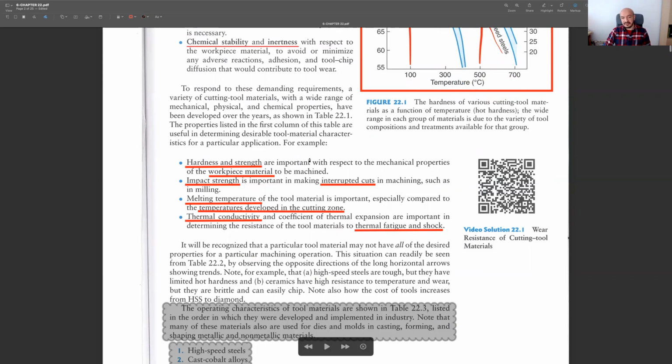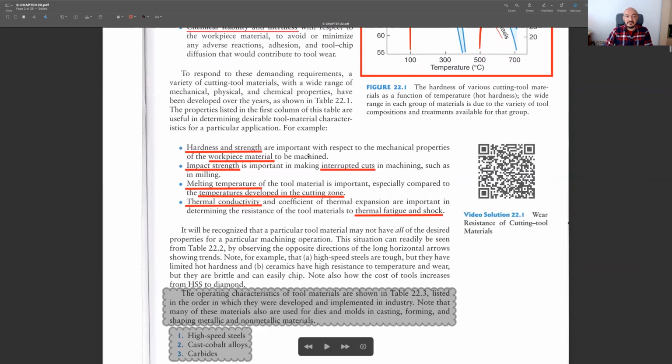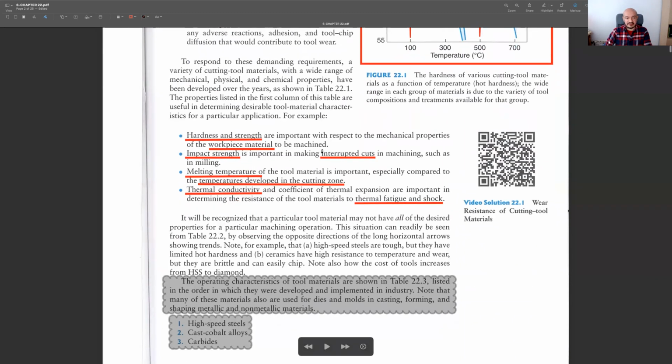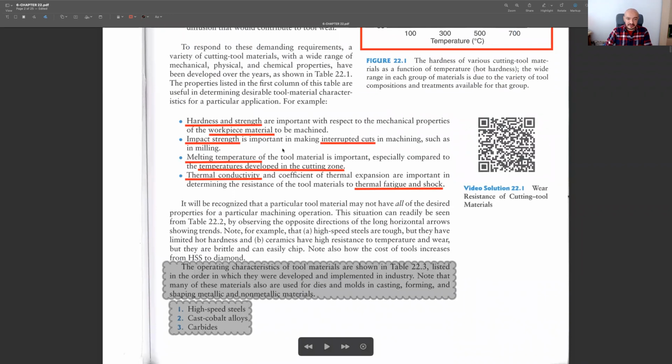Hardness and strength are important, since if they're low, you cannot machine difficult materials, difficult workpieces. And impact strength is important, since you may have interrupted cutting operations, especially in specific machining operations. Your cutting tool material should have high impact strength. Otherwise, it can easily be broken. Then regarding temperature, the melting temperature of our cutting tool material should be as high as possible so that it will not be deformed.